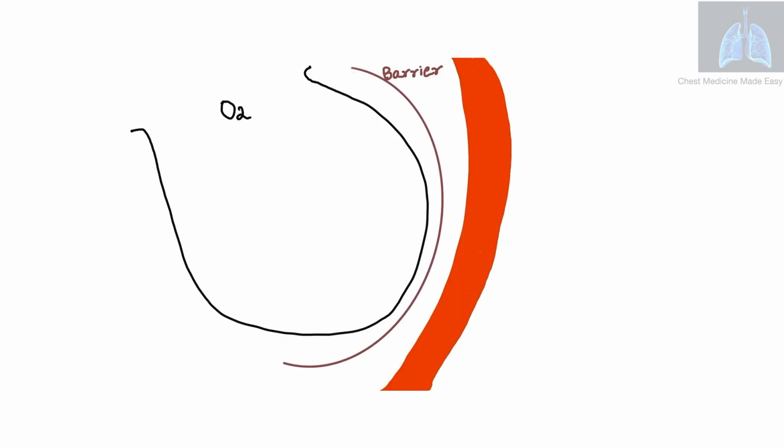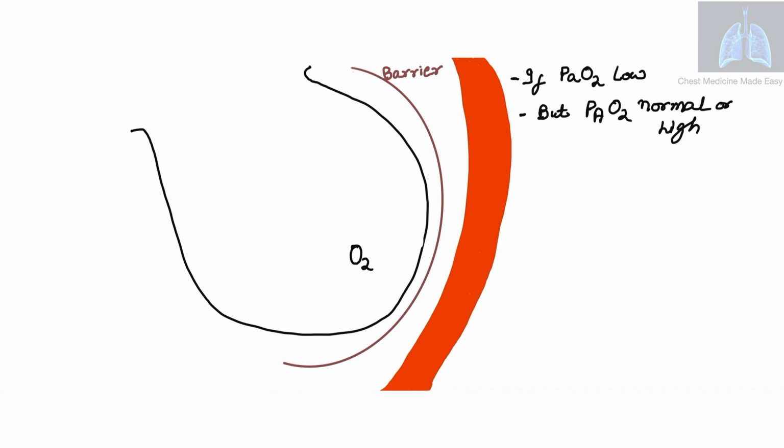Now let's look at another situation where there is a barrier preventing oxygen from freely diffusing into the arteries. So in this situation, the PaO2, that is the arterial oxygen partial pressure, is low, but the alveolar oxygen is normal or high. So in this situation, the AA oxygen gradient is widened.